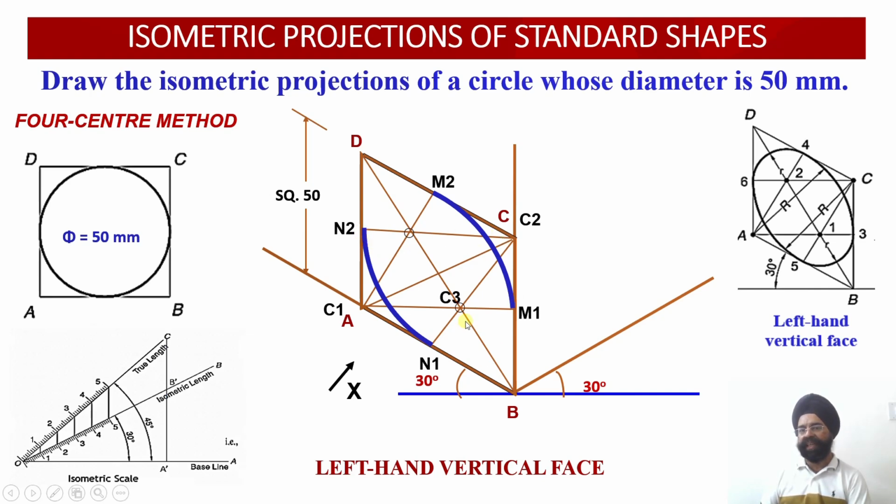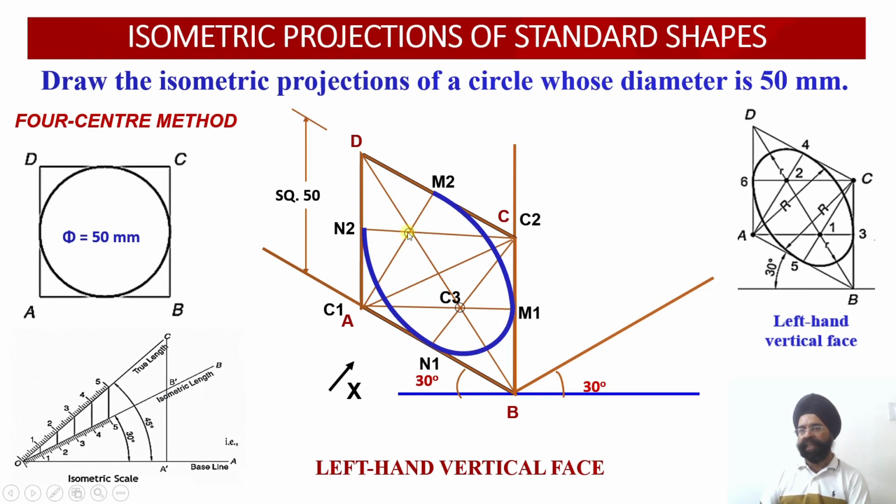Now the third center is this one. I told you that these are the other 2 centers. Now keeping your needle of the compass here, open compass equal to C3N1 or C3M1. Keep this compass radius as this much. So with C3 as center, now you draw arc number 3. Again, a perfect arc using your compass has been obtained.